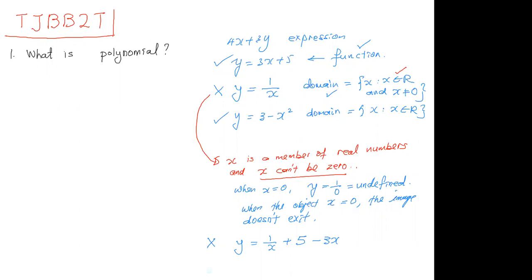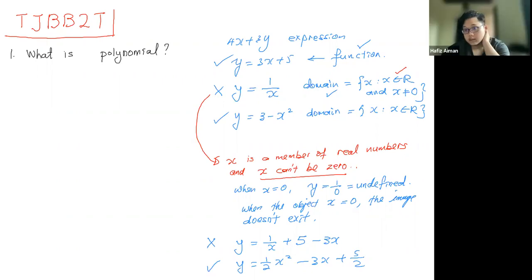Okay, this is a polynomial. y equal to half x squared minus 3x plus 5 over 2. This is a polynomial. So if you say doesn't include fraction, that is not true.